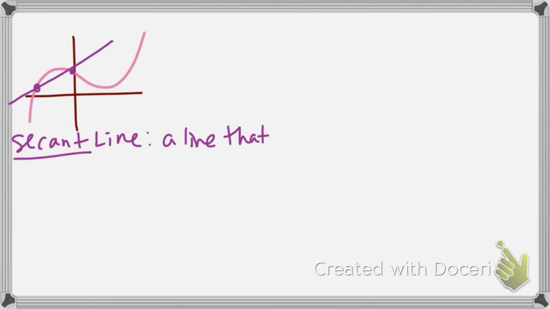So we're going to call that a secant line. A secant line is a line that intersects a curve or a function twice on a given interval.